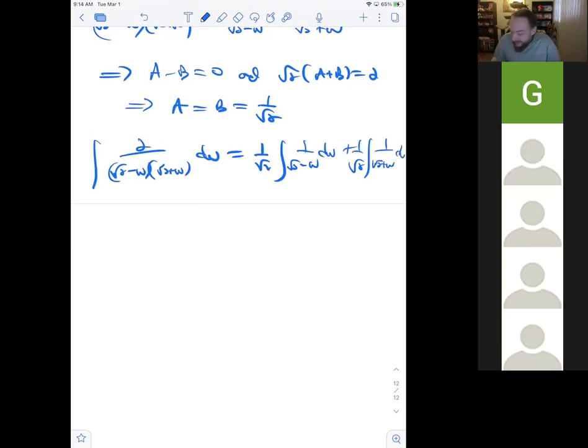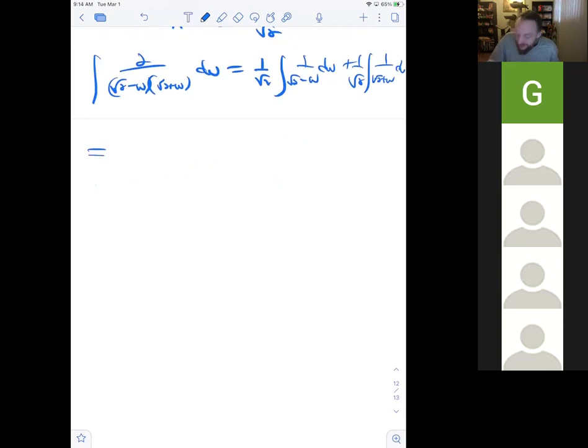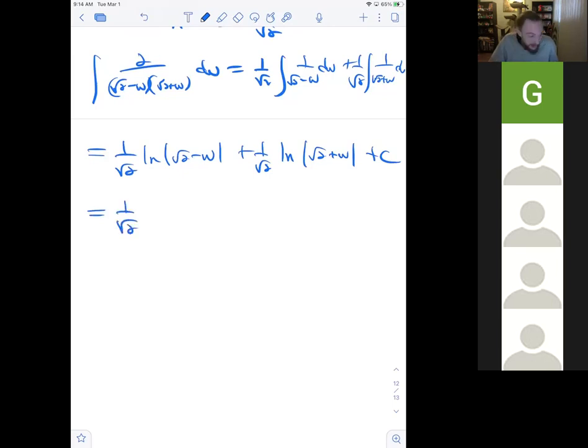Now that we've done that, this gives us two reasonable integrals. This is 1 over root 2 times the natural log of the absolute value of root 2 minus w, plus 1 over root 2 times the natural log of root 2 plus w, plus C. And so, putting all of our substitution back in, 1 over root 2 times the natural log of the absolute value of root 2 plus 1 minus t.